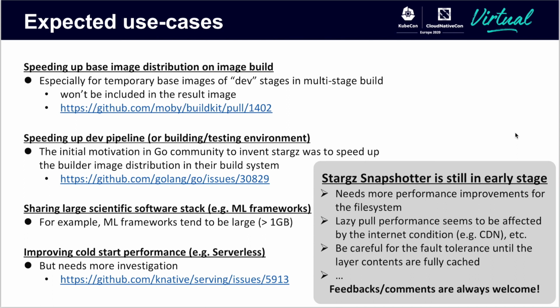But please be careful that the Stargz Snapshotter project is still in an early stage. It needs more performance improvement in the implementation, and Lazypull performance seems to be affected by internet conditions and instance location, etc. And also be careful about fault tolerance until the layer contents are fully cached on nodes.